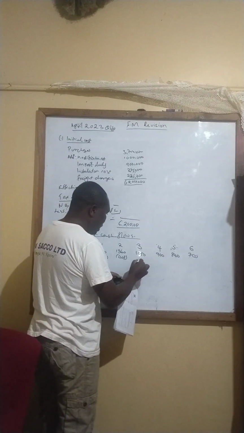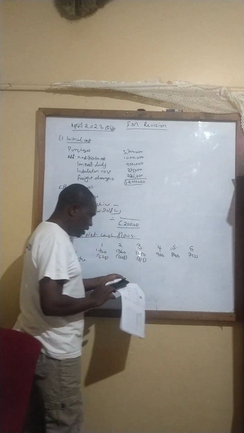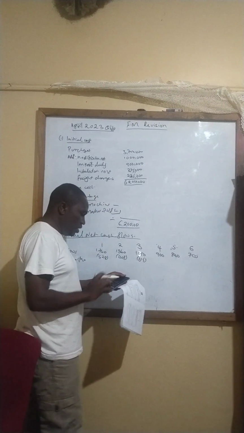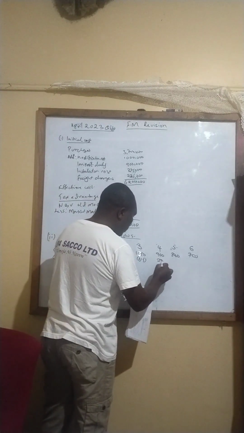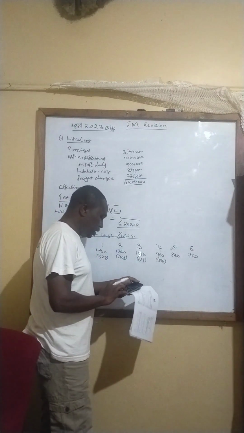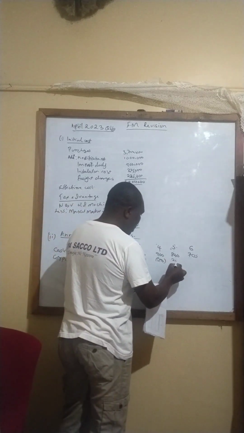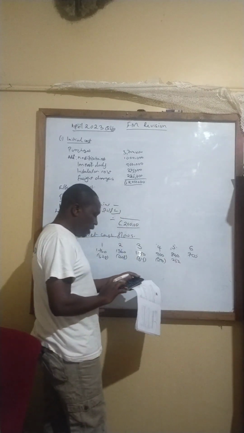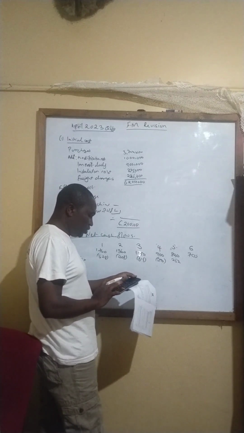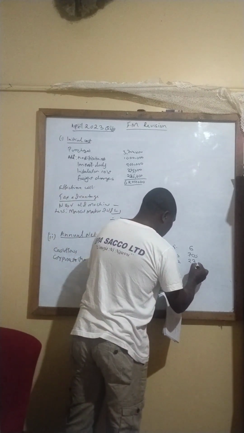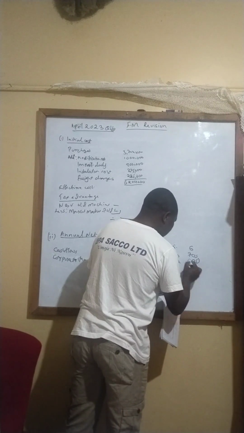Your answer is 315. Another one is 900 times 30. Your answer is 270. Then 840 times 30. Your answer is 252. Then the last one is 750 times 30. Your answer is 225.